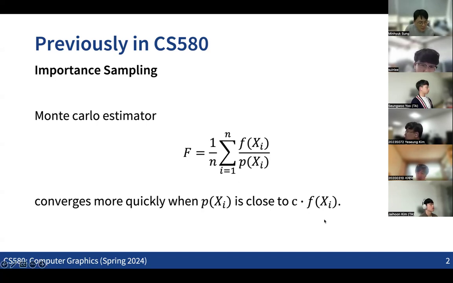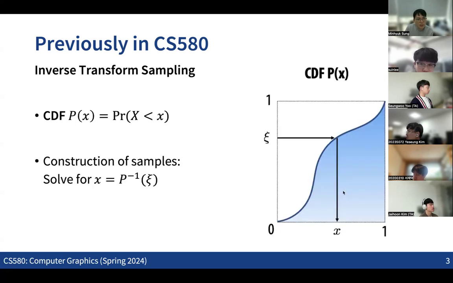So yeah, and once we choose any probability density function, the question is also how we can draw the samples based on that probability distribution. So the basic idea for that was using the technique called inverse transform sampling. This was the case that if we can compute the cumulative distribution function from the probability density function and also take the inverse of the CDF, then we can draw samples from the uniform distribution in the range from 0 to 1 and map each sample into the domain.